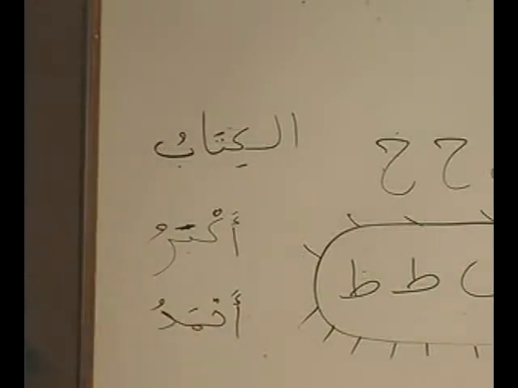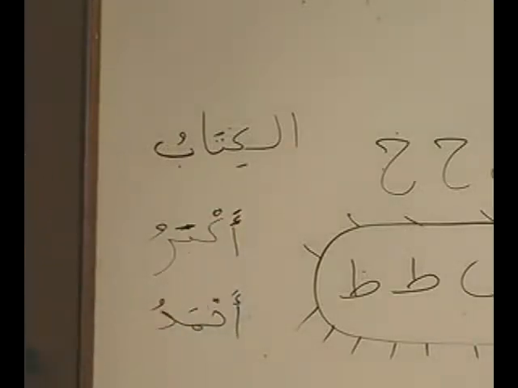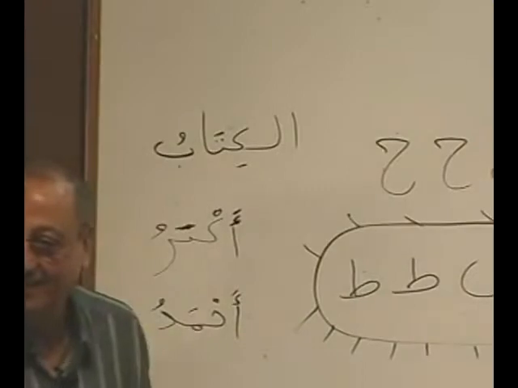What did I write down? Ahmad. Do you see I put the thing here? This is the neck of Ain. What is it? Neck of Ain. Okay. Hamza is written as the neck of the Ain.